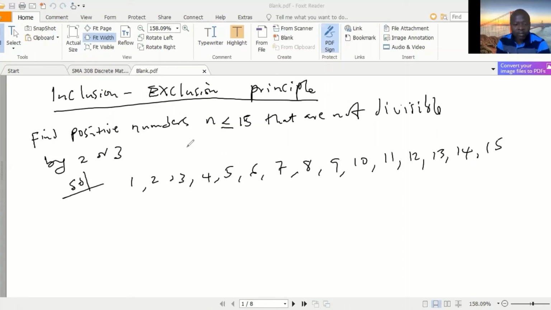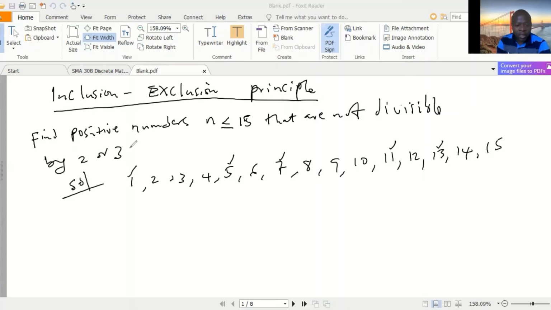But let me just see, if it's a small number like 15, somebody else can easily list them and count the numbers which are not divisible by 2 or 3. And you can see that one of the numbers is 1, the other number is 5, the other number is 7, the other number is 11, the other one is 13. So these are the numbers which are not divisible by 2 and they're also not divisible by 3. So how many are they? 1, 2, 3, 4, 5 numbers.